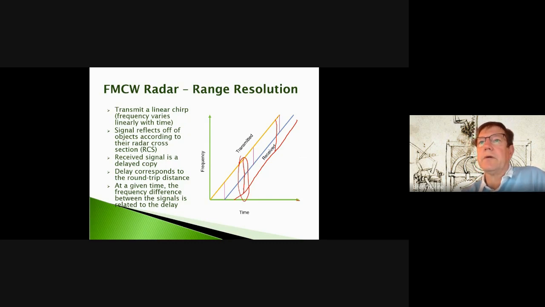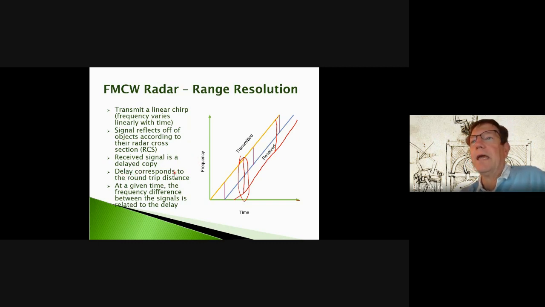Okay, so here are our key points: we're transmitting this linear chirp. Its frequency varies linearly with time, right? The signal reflects off the objects according to their radar cross-section, and the received signal is simply a delayed copy. It's attenuated and has noise, but it's a delayed copy. We can amplify it and filter out some noise.